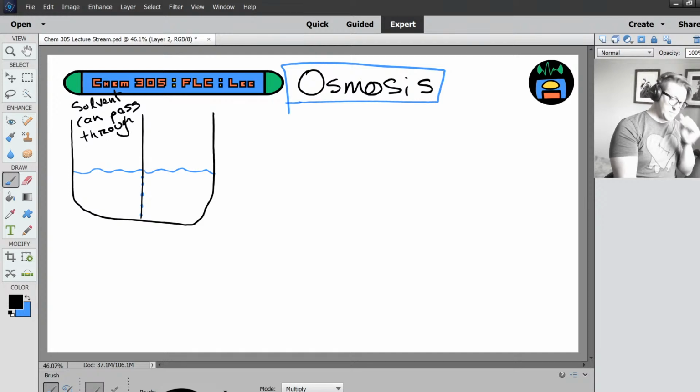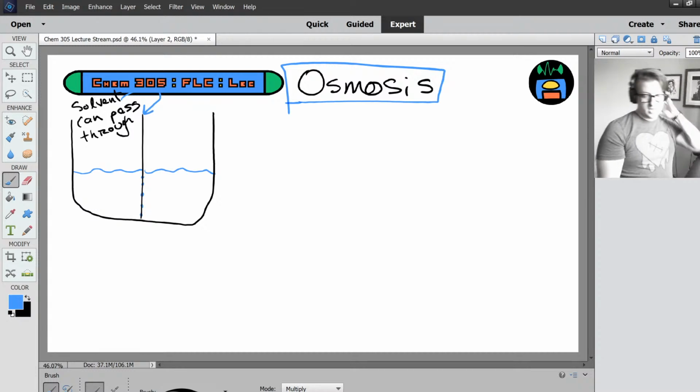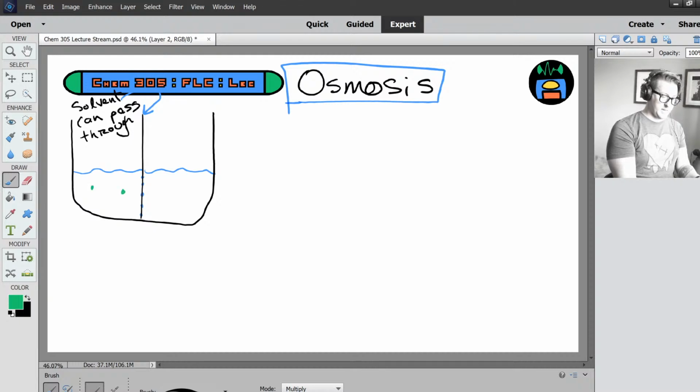All right, it keeps the solute separated, but here the solvent molecules can pass through this barrier. And we have two different concentrations. Let's say we've got like 3 moles of solute on this side, and then this side will have way more.